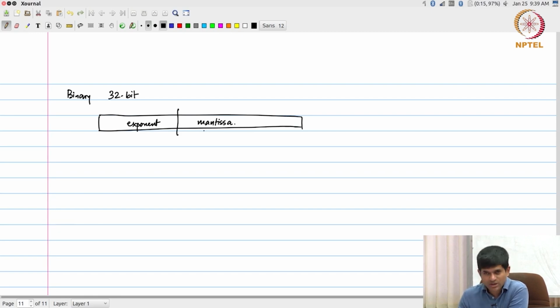And the one choice that was made in this case was to basically say I will use 23 bits to store the mantissa, 8 bits to store the exponent, and 1 bit for the sign. So here what we say is the mantissa, I will assume, always has a 1 in front of it, followed by 23 bits of mantissa.